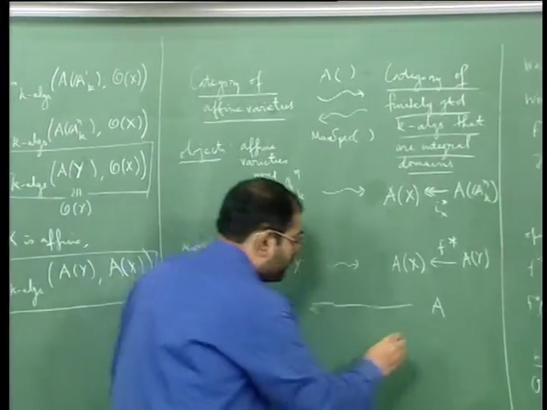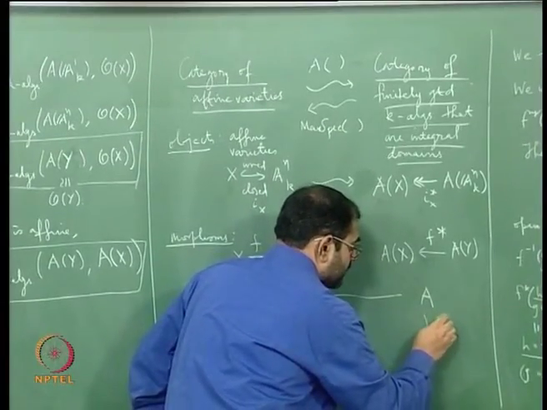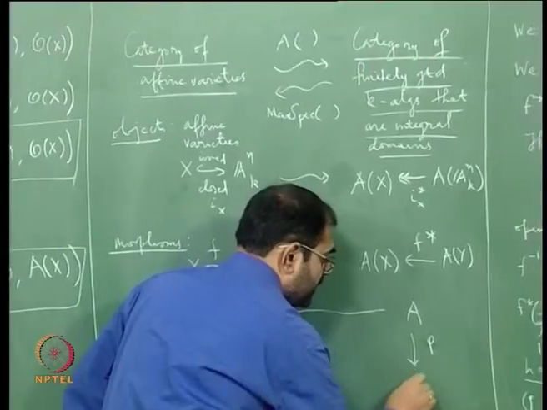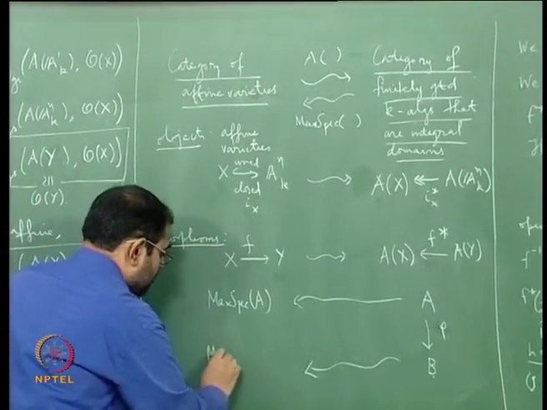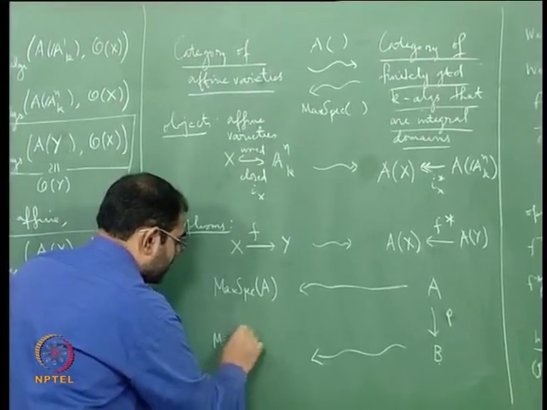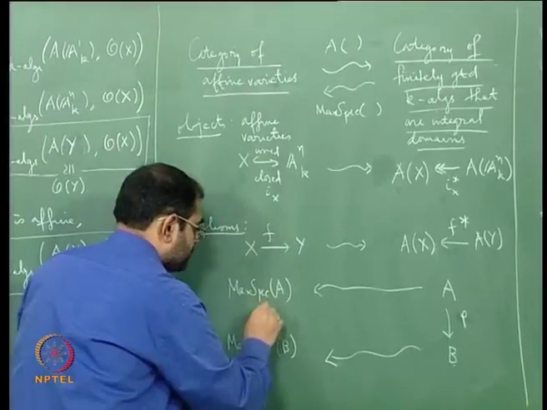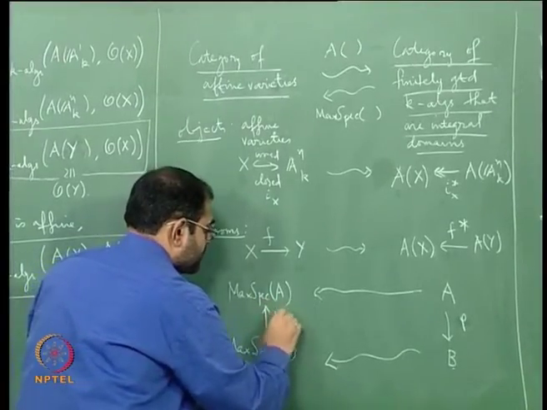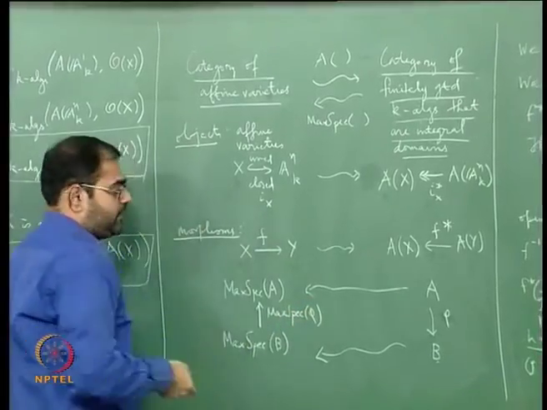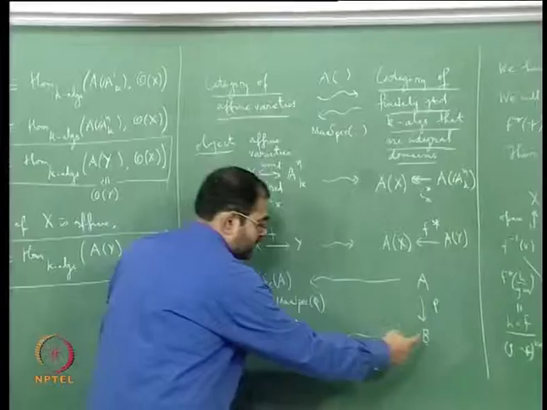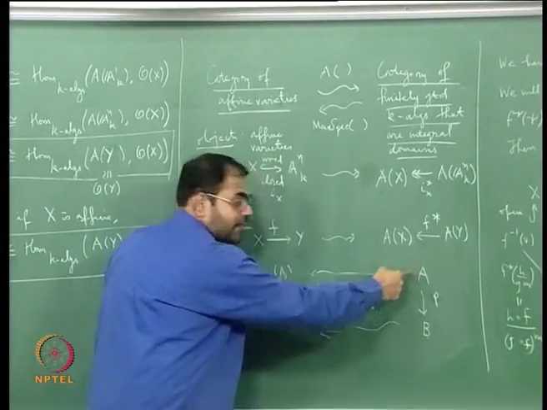And if you give me a k-algebra homomorphism phi from A to B, then you will get a homomorphism in the reverse direction, namely max spec phi, and this is just the pullback: given a prime ideal in B, the inverse image of the prime ideal will be a prime ideal in A.